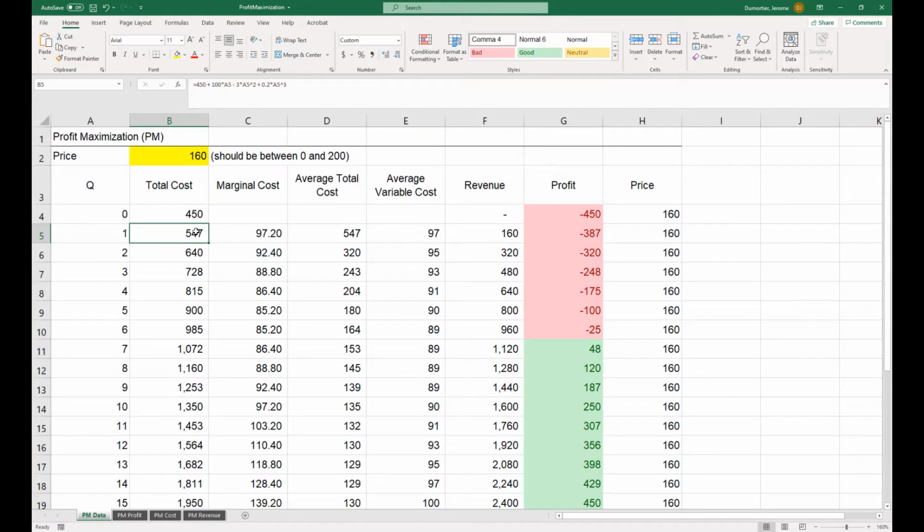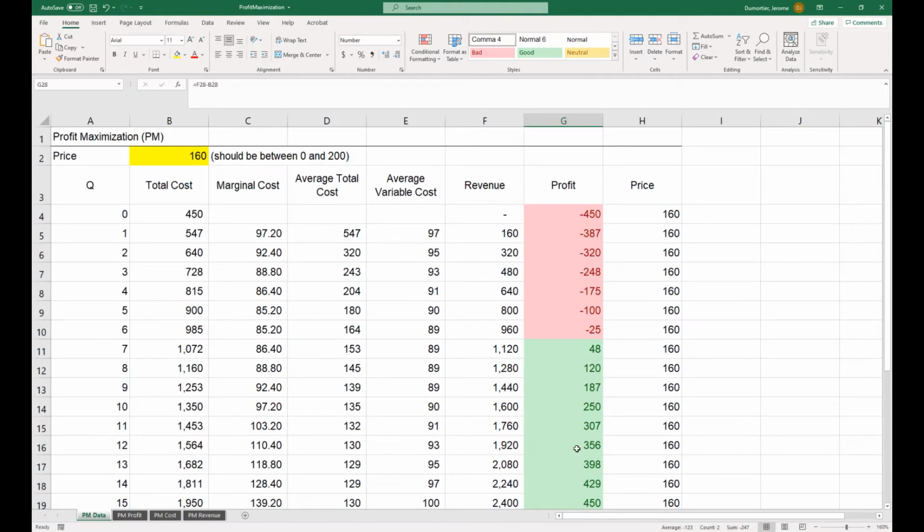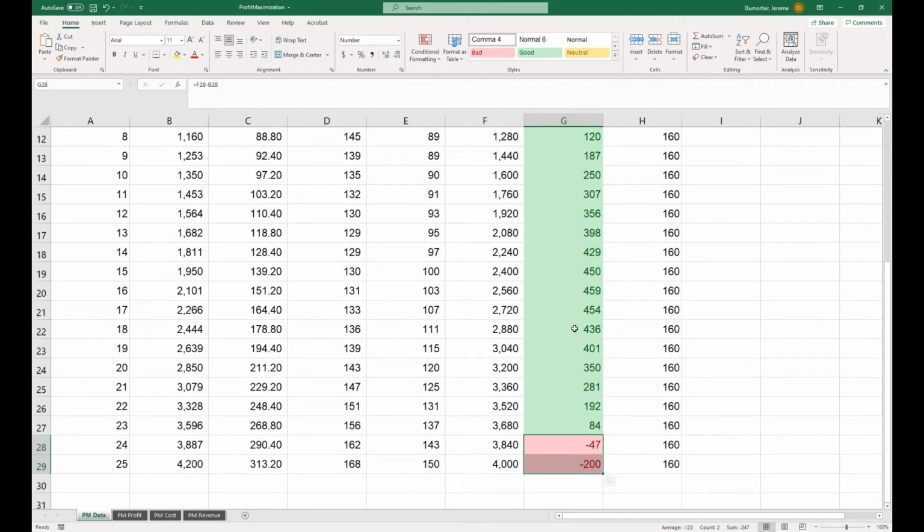And hence your profit is 160 minus 547, which is equal to minus $387, and so on. Now note that everywhere where it is red here means you are making a loss. So you're making a loss for very small output quantities and very high output quantities, but in the middle you are actually making a profit.